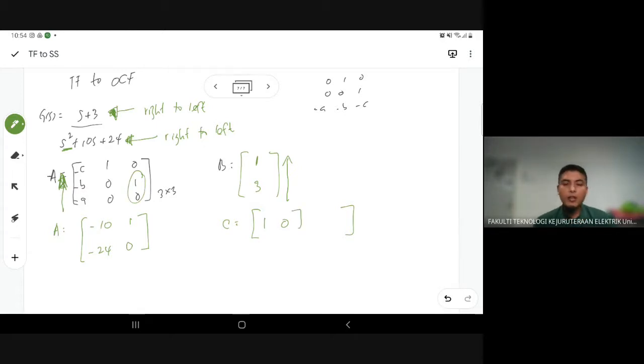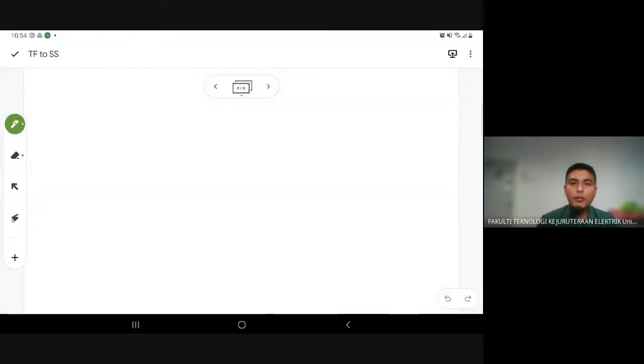Okay, so I would like to make a conclusion. This is the easiest conclusion for you. Based on the same transfer function, if you convert to the phase variable form, you got this one.